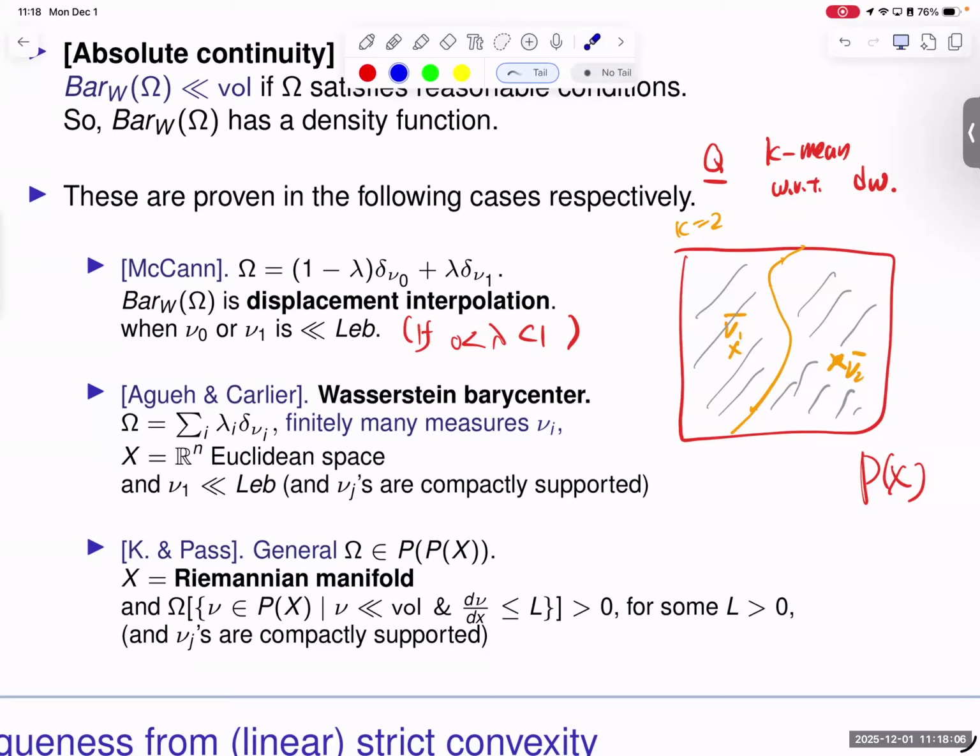So maybe I didn't understand your question, but this kind of partition comes from just the nature of k-means. Yeah, so my question wasn't about k-means. Okay. It was about having, instead of one point for the barycenter, having k points, k weighted points. Yeah, that's exactly what k-means is.